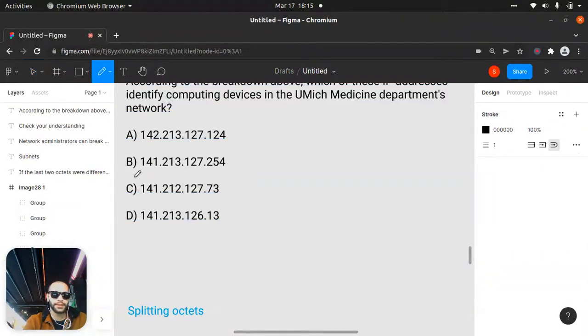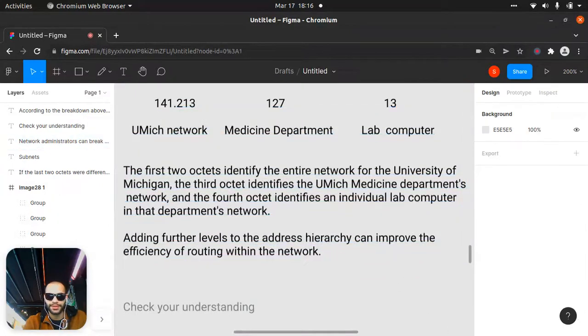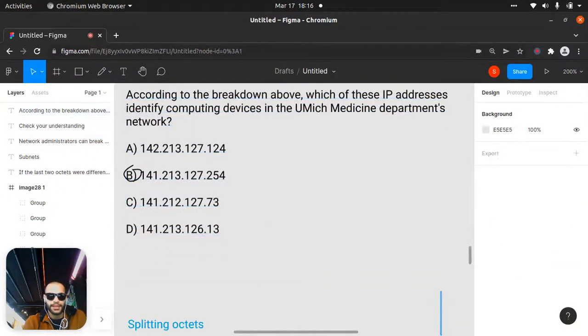Let's do it. This is the answer. Don't confuse from this place. I think I didn't do wrong. 141, right, it's true.